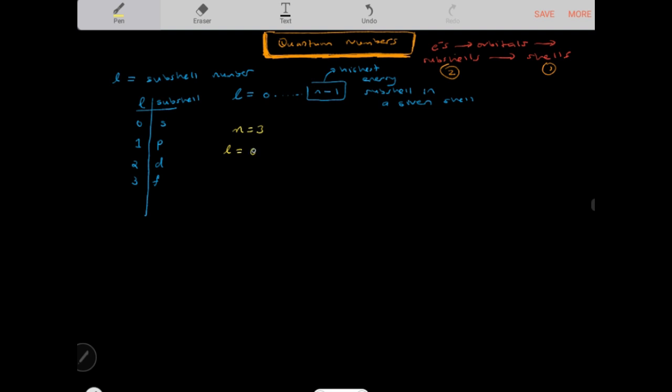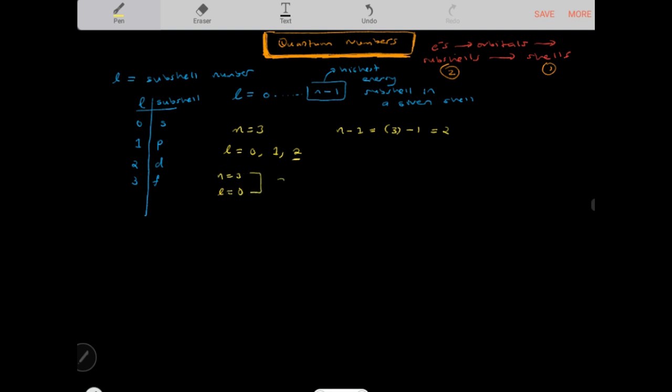So L can take on values from 0, it can also take on 1, and n minus 1 here is basically 3 minus 1, which is 2. So L can take on values from 0, 1, and 2. And the highest energy subshell is L is equal to 2. What does that mean? Well, when n is equal to 3 and L is equal to 0, this is the third energy level. L is equal to 0 is the S subshell.